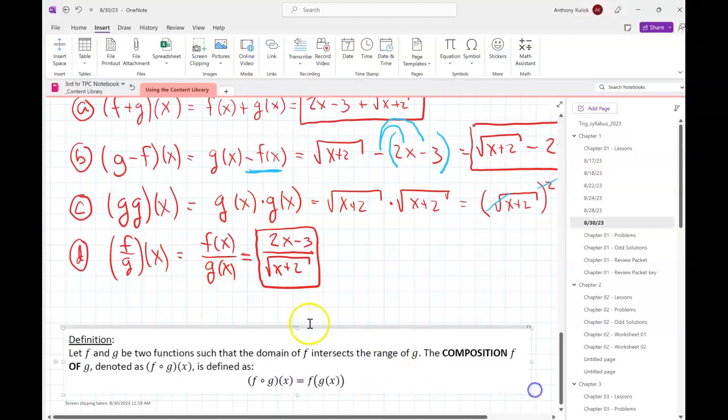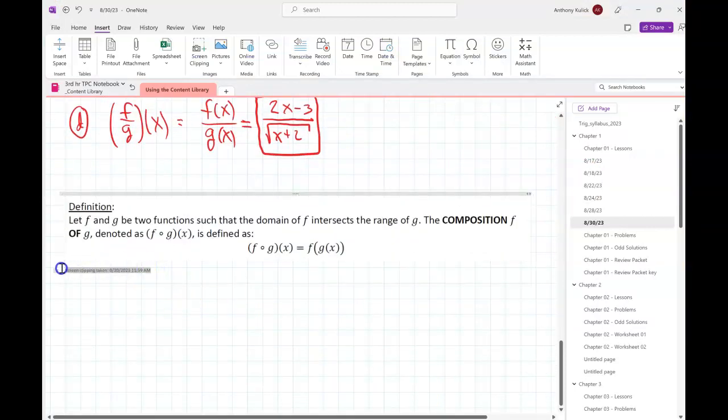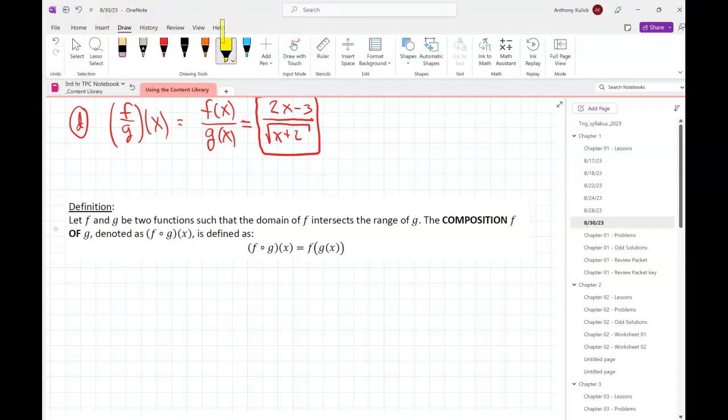So if we let f and g be two functions such that the domain of f intersects the range of g, the composition, which we denote with this symbol and read as f of g, or f compose g, is defined as f of g of x.